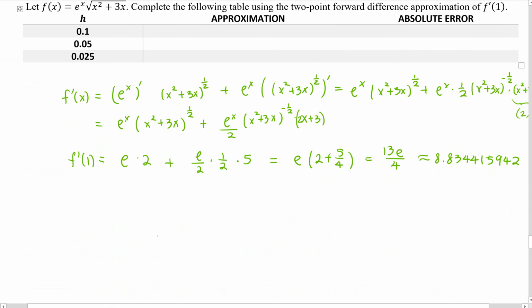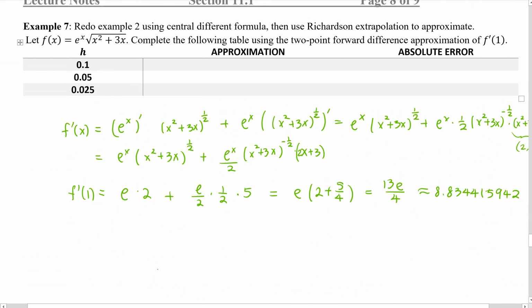Do you remember that? Example 2, we used the forward difference formula to get the approximations, right? And I asked you, when you get back home after class, to try to redo the problem using the central difference formula or the backward difference formula.